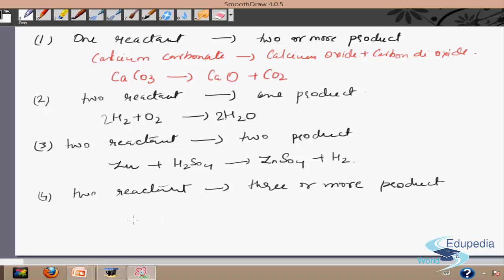Let's take an example of potassium dichromate reacting with hydrochloric acid giving out potassium chloride, chromium chloride, water and chlorine. So you have seen here we have many kinds of chemical reactions for which we can write the chemical equation respectively.